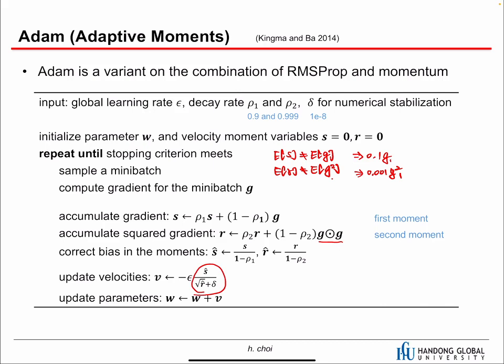So instead of using these two numbers, we can correct the bias. By this one, in the first iteration, s hat will be g1 again, and r hat will be g1 squared. Gradually, when we repeat again and again, this effect will fade away. But in the beginning, this is really unstable and it makes some bias. So the Adam algorithm corrects this bias. That's what this line says.